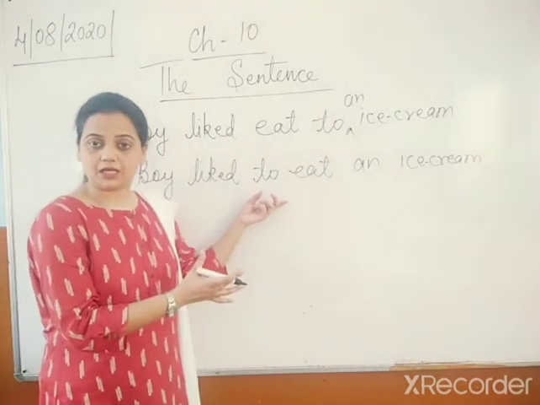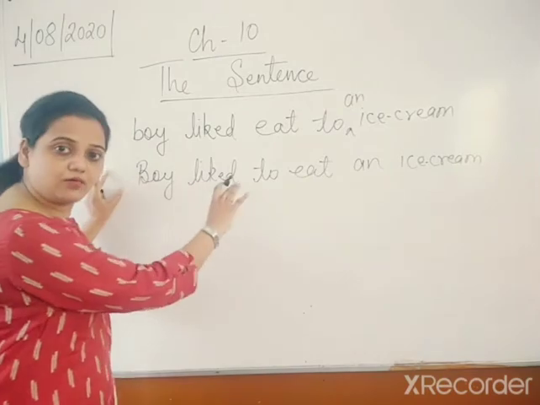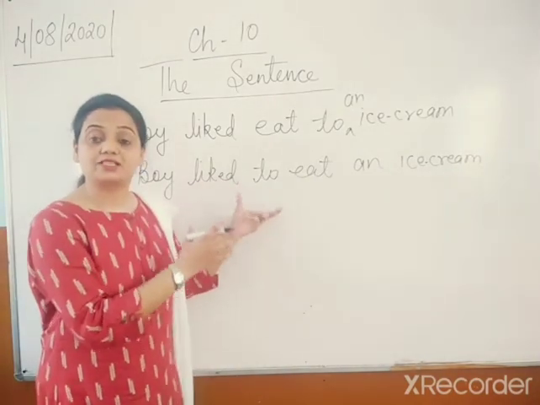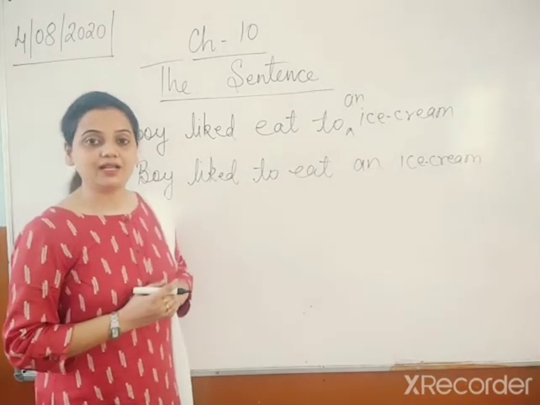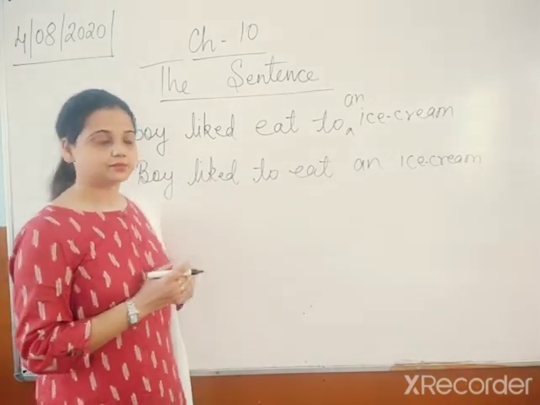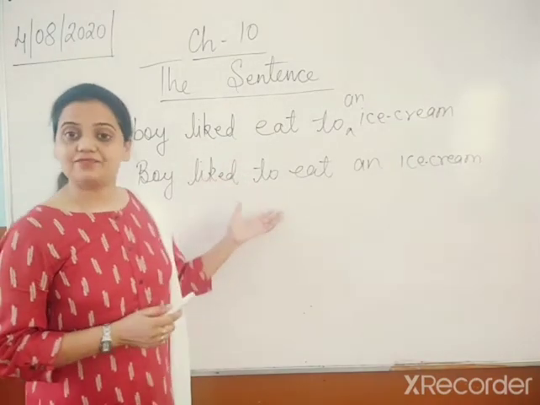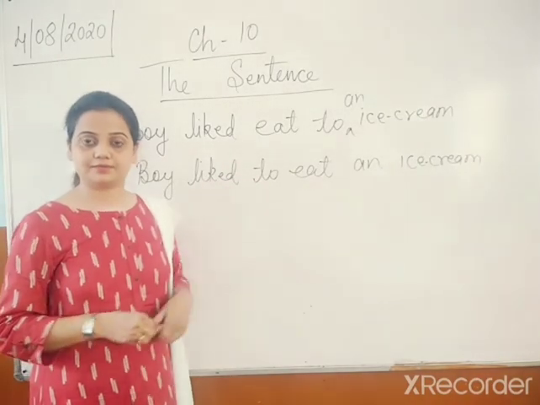This makes a meaning. So a group of words which makes sense, a group of words which makes meaning, is called a sentence. Clear? Now let's have some more examples to clear this.